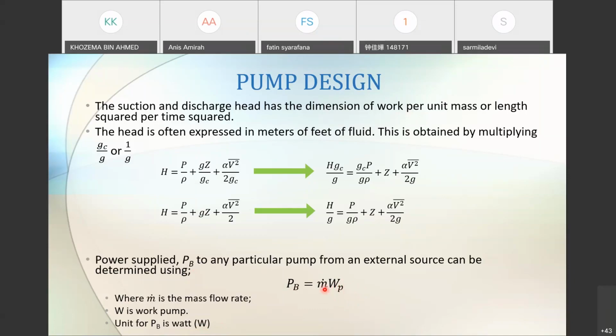So if you multiply joule per kg times kg per second, we'll get joule per second, and joule per second is going to be watt. So this is how you get the power supplied to a pump.